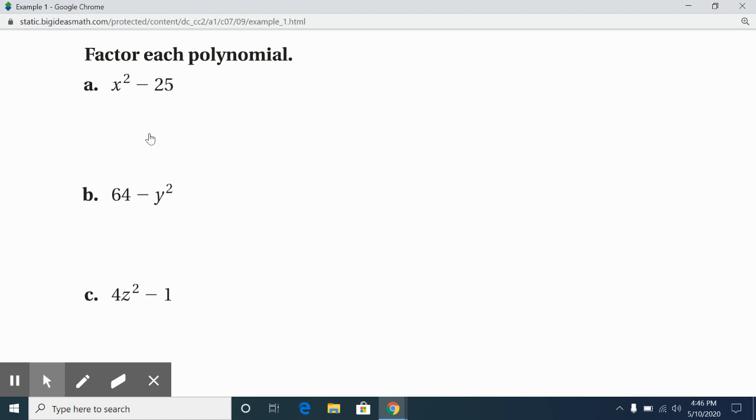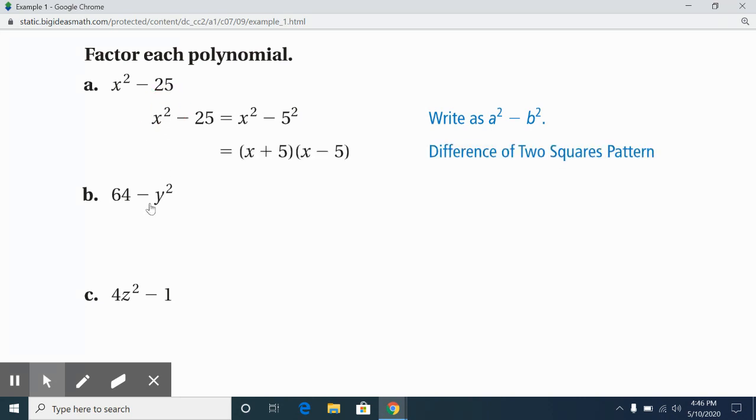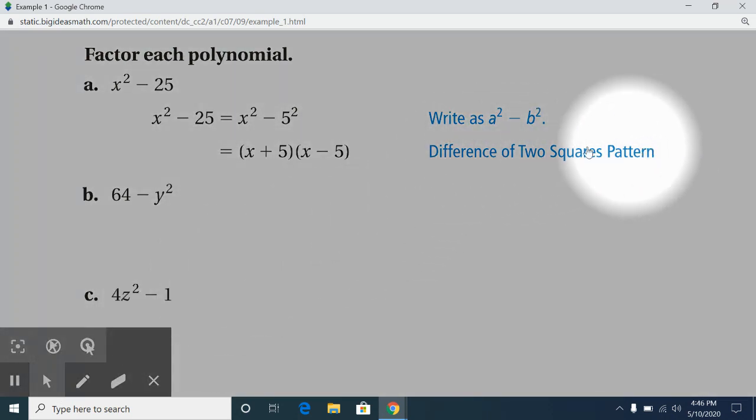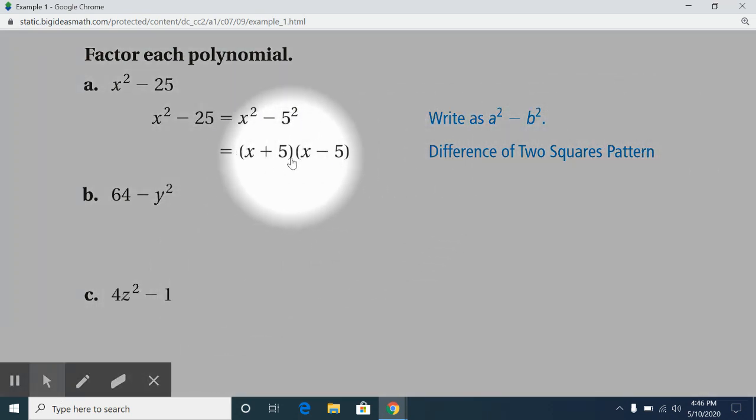For example, x squared minus 25: because they both have perfect squares, we can use the difference of two squares pattern, where we make two binomials, one with a plus, one with a minus. We take the square roots of each term and make two binomials out of them. So for example, x plus 5, x minus 5.